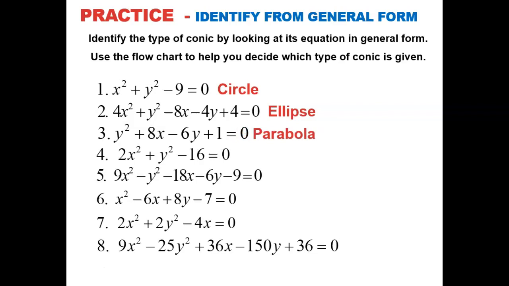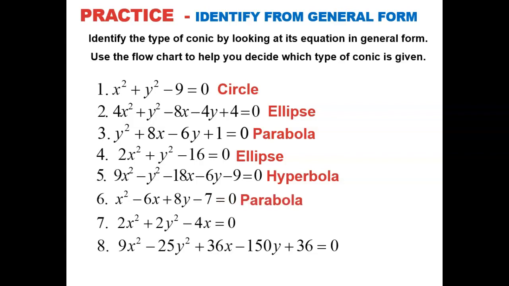On 4, both terms x squared and y squared are the same sign, but they have a different coefficient, which makes that an ellipse. On 5, they have different signs, so that has to be a hyperbola. On 6, they have only one thing squared, just the x's are squared, so we know that has to be a parabola.